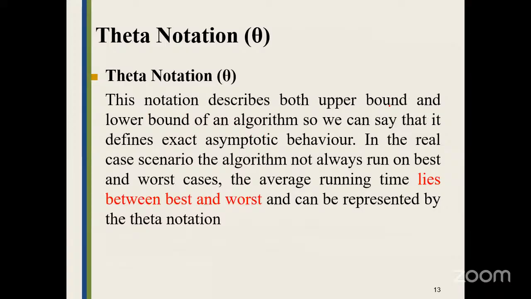The third category is theta notation, represented with the theta symbol. This notation describes both the upper bound and lower bound of an algorithm.